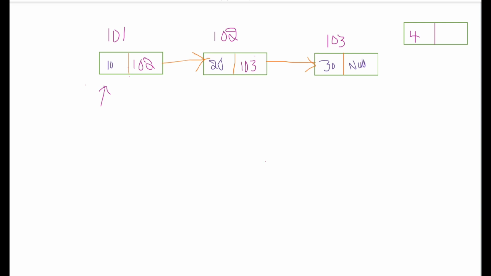Next, using a while loop to traverse to the end of the linked list. N is equal to n dot reference. It is used to move to the end of the linked list. Next, n dot reference links to the new node.